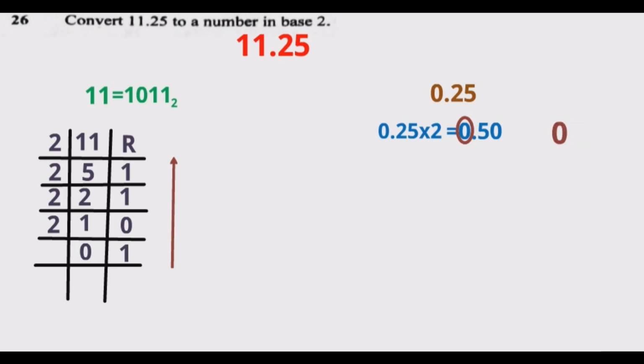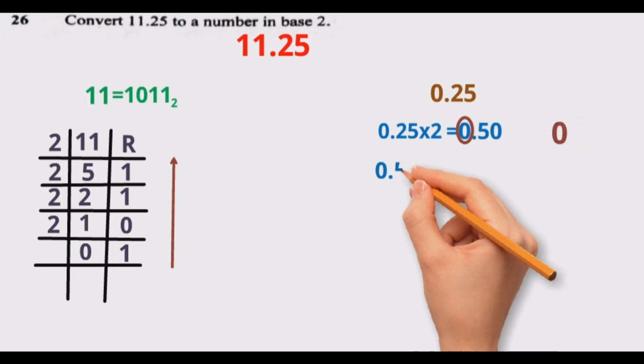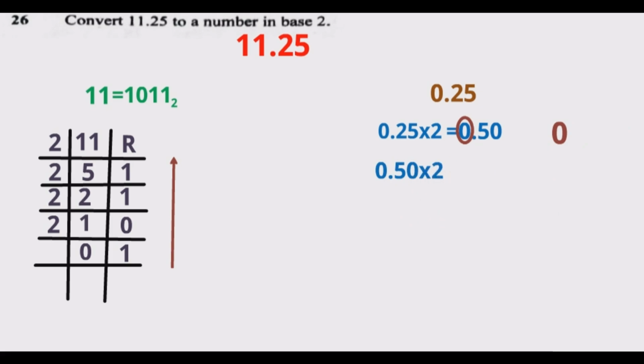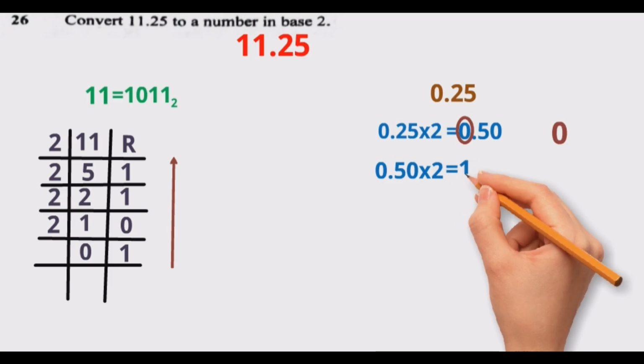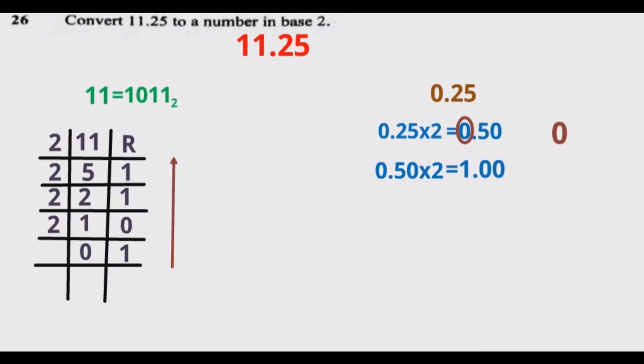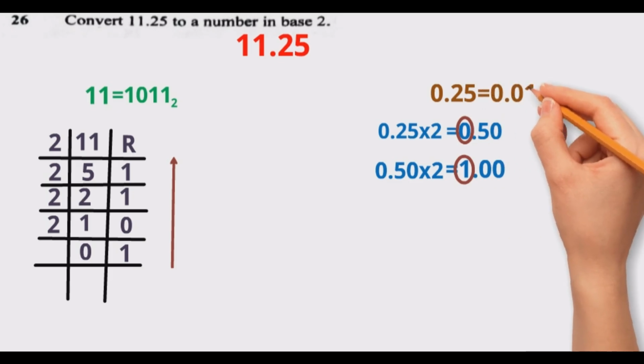Then I'm going to multiply 0.50 times 2, which will give me 1.00. Then I'm also going to get 1 like that, and write it. Now that means 0.25 in base 2 will be 0.01.